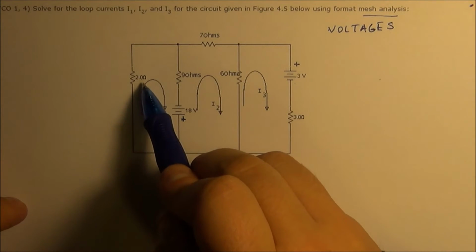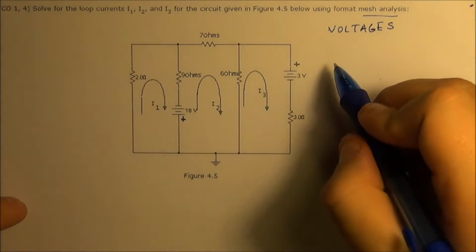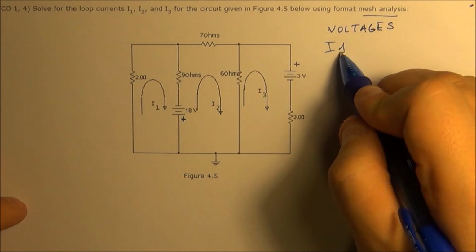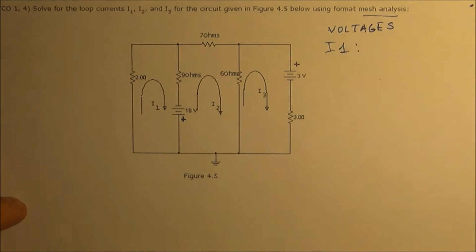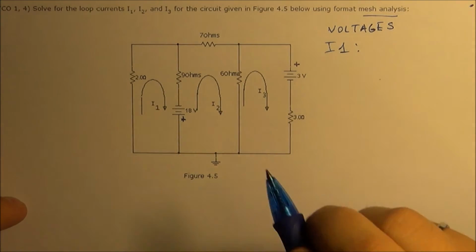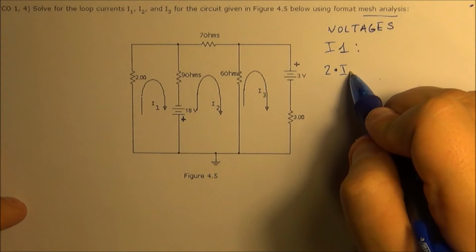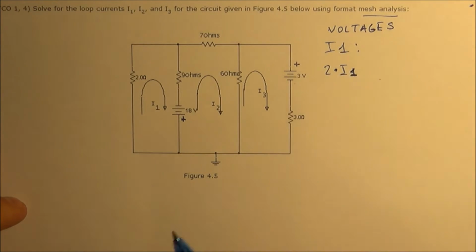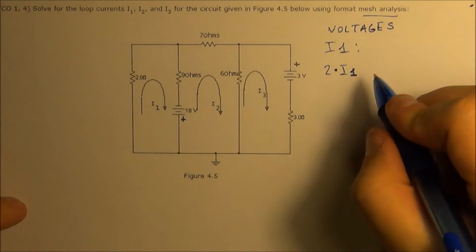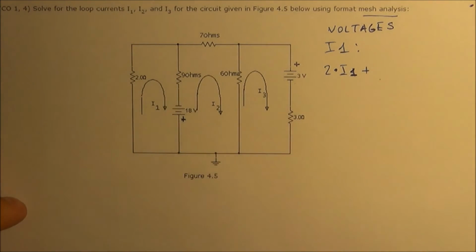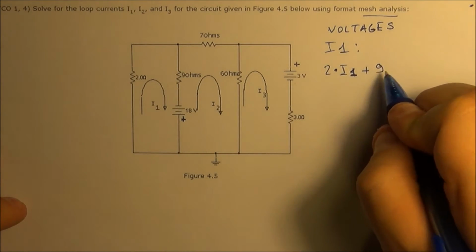First of all, you have the resistance of 2 ohms here. So what is the voltage equal to? This is I1. V equals IR, so obviously the voltage is 2 times I1. You keep on going through the loop, so you get to the second resistor. Here you have 9 ohms, so you can write 9.